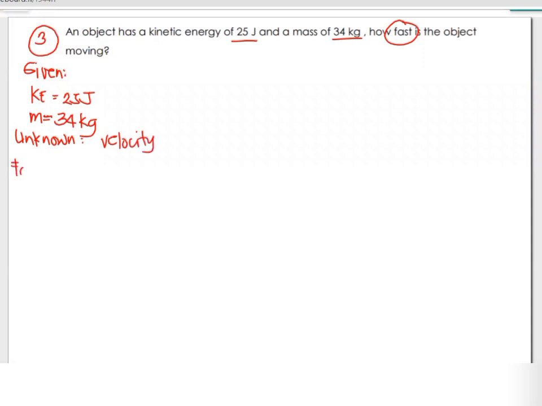Okay, the next formula. Ayan, nakalimutan na yung formula for velocity. So, para isolve natin yan, let's go back to what formula we know. So, KE equals mv squared divided by 2. Cross-multiply muna natin si 2 at saka si KE.